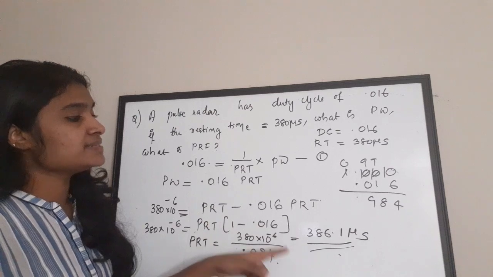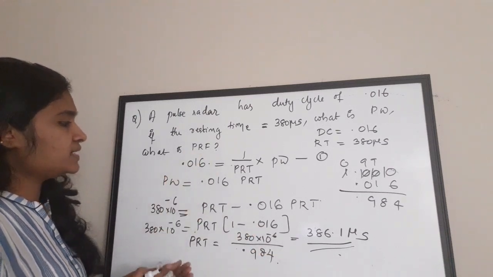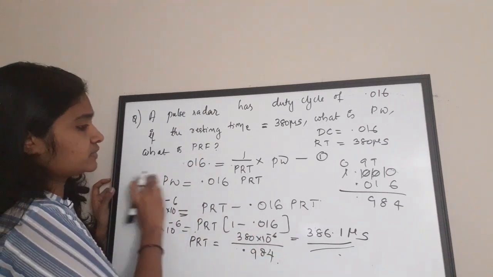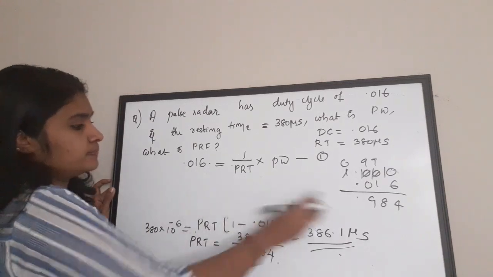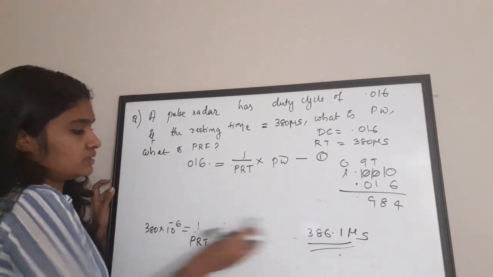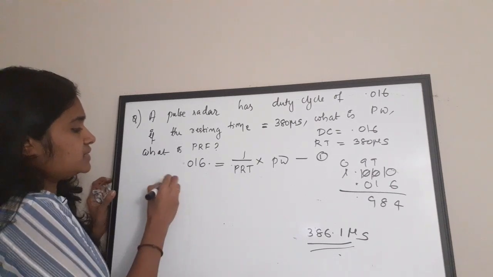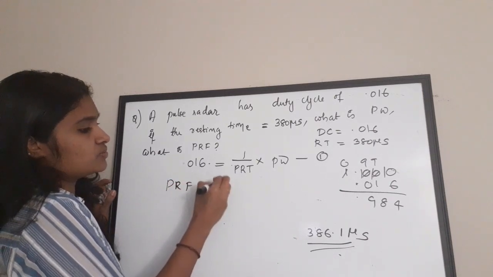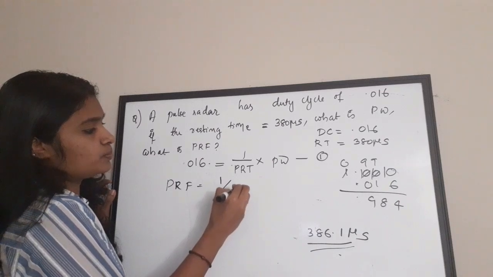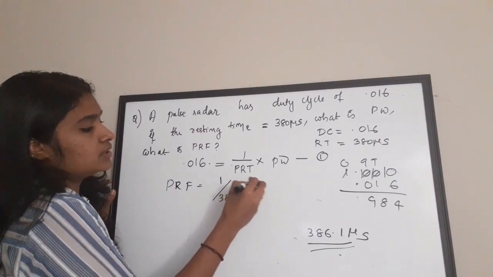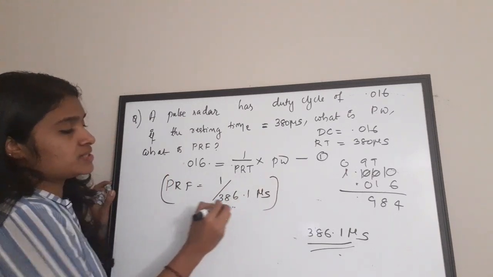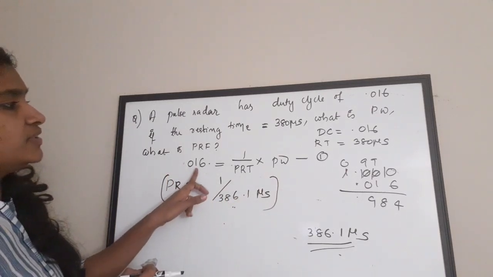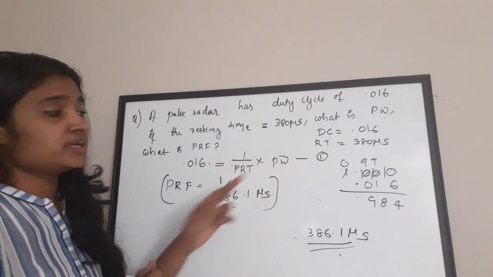Now, what will be pulse repetition frequency? Pulse repetition frequency is equal to 1 by 386.1 microseconds. So, this is your pulse repetition frequency. Now, we need to find the value of pulse width also, right?